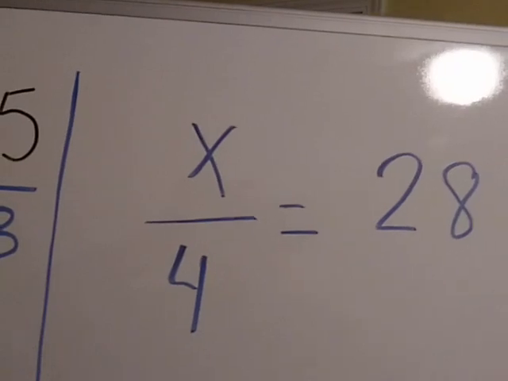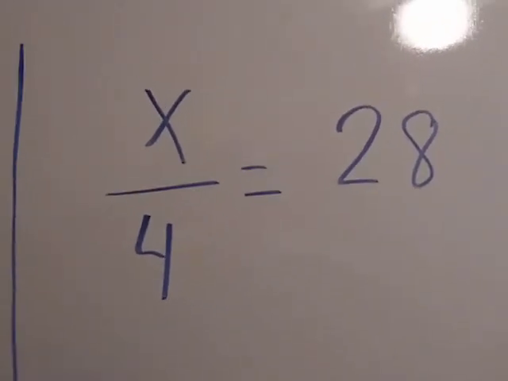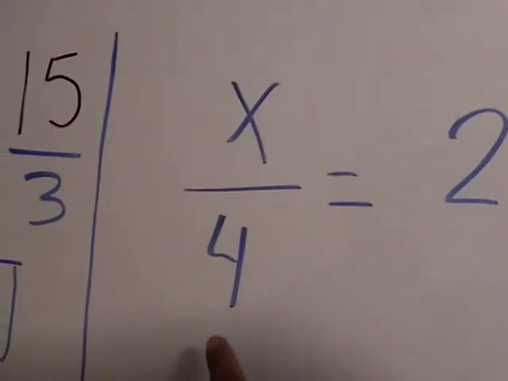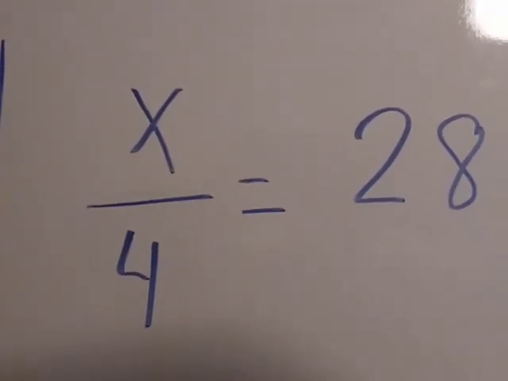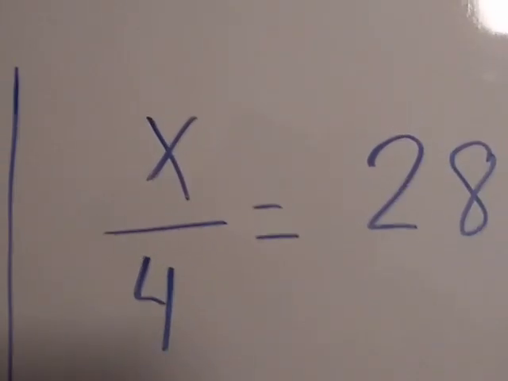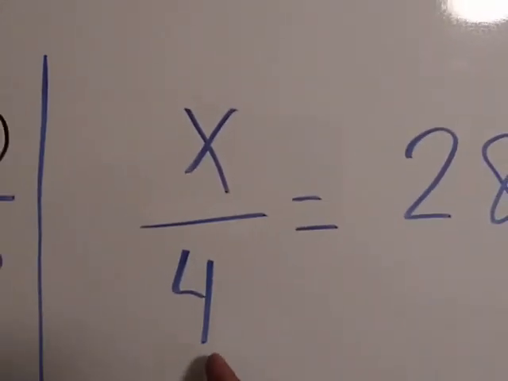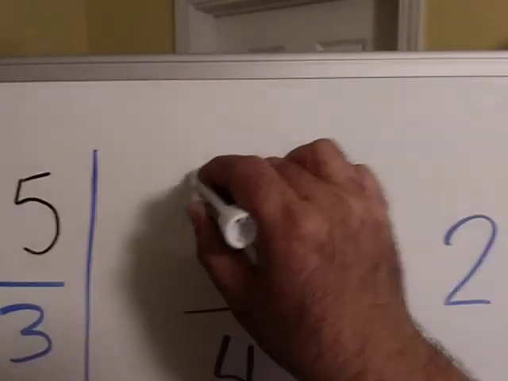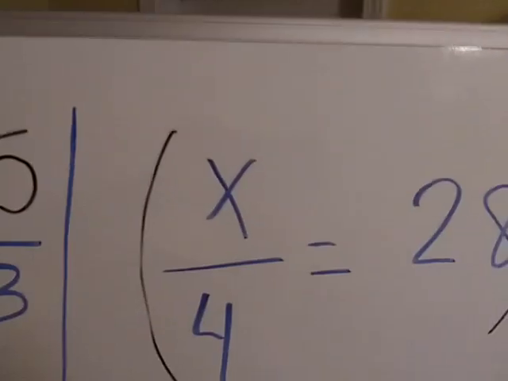What I tell students is to ask what number can be multiplied into this equation so that it clears out that fraction. By clearing that fraction, I mean we're going to perform the opposite operation of division. So we're going to multiply the entire equation by 4.